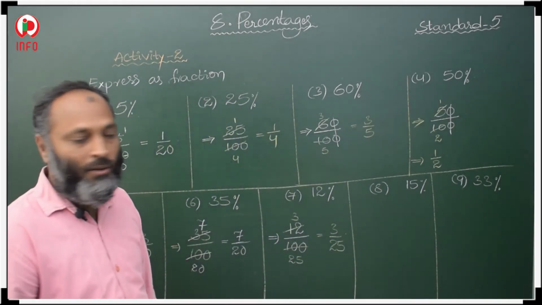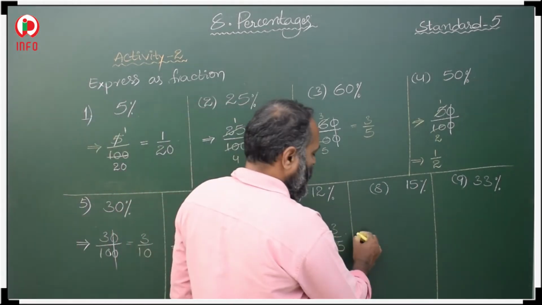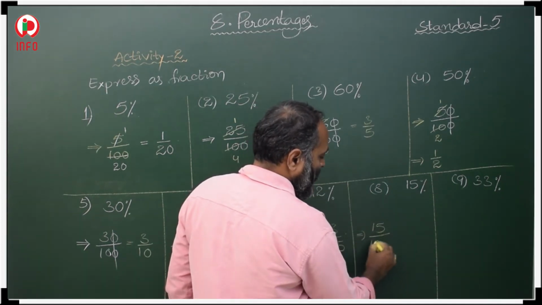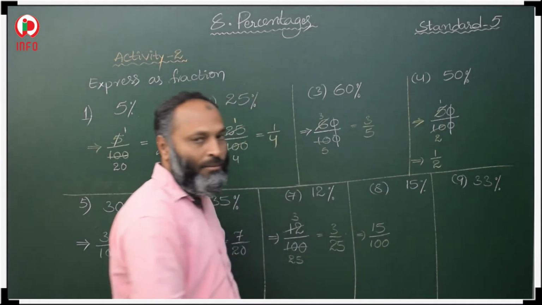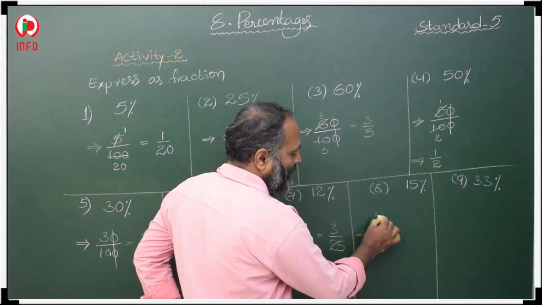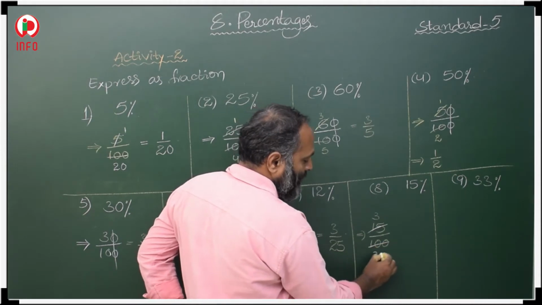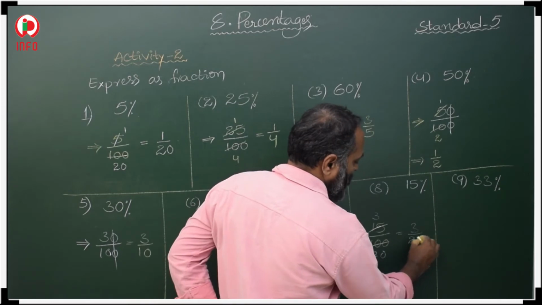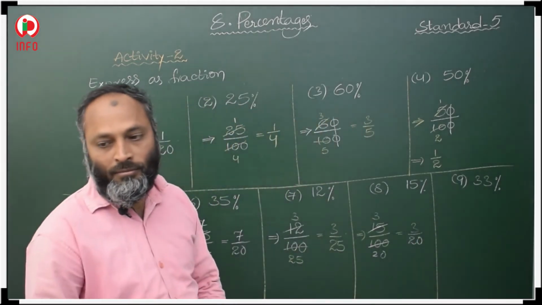Now 15%, 15 by 100 in fraction. These two have common factor 5. 5 threes are 15, 5 twenties are 100. So 3 by 20.